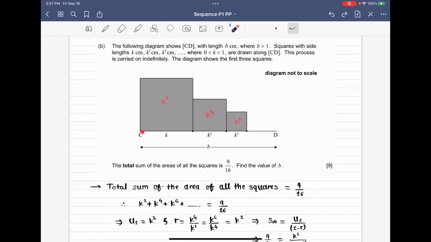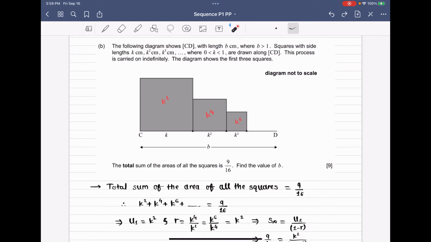So you can see between C and D, they have shown 3 squares. And every time the square is reducing because K values are between 0 and 1. So again, if you take any number between 0 and 1 and square it or cube it or raise it to power 4, its value reduces.